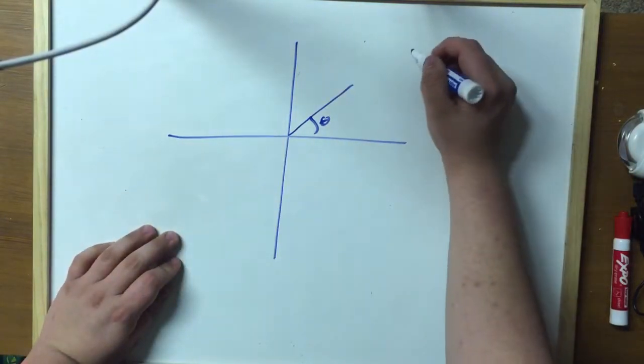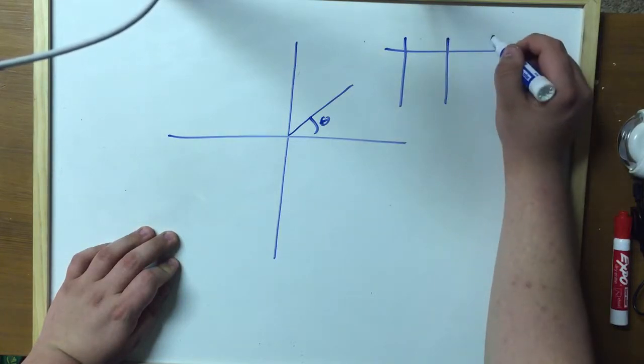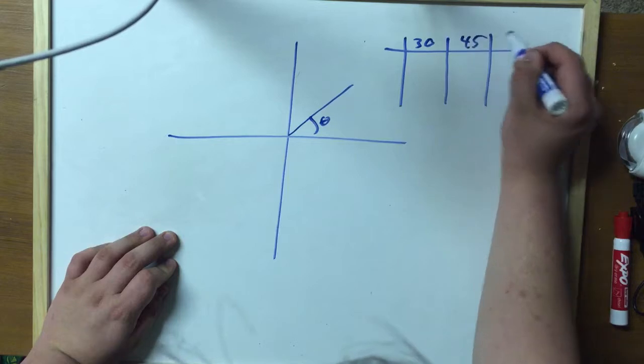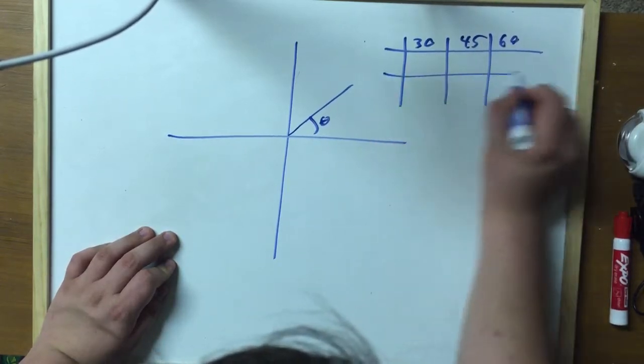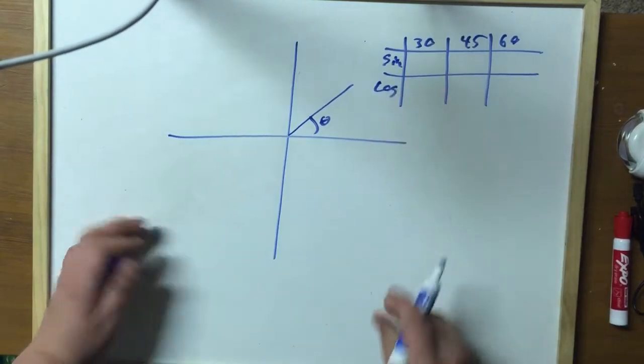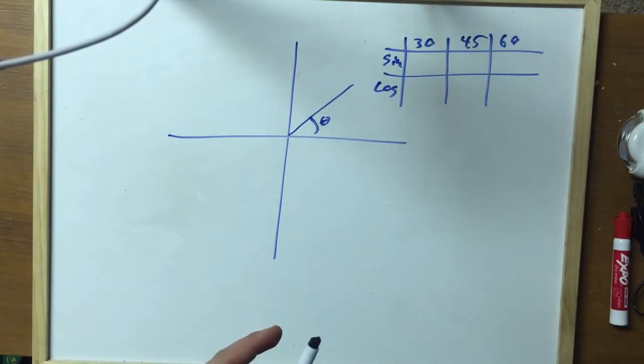I'm going to make a chart over to this side for 30, 45, 60, and we have our sine and cosine. We're going to be figuring out what each one of these values is.